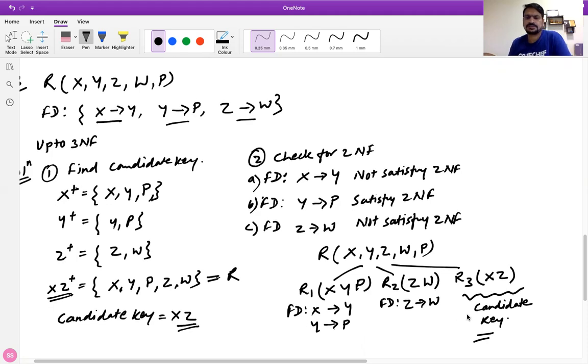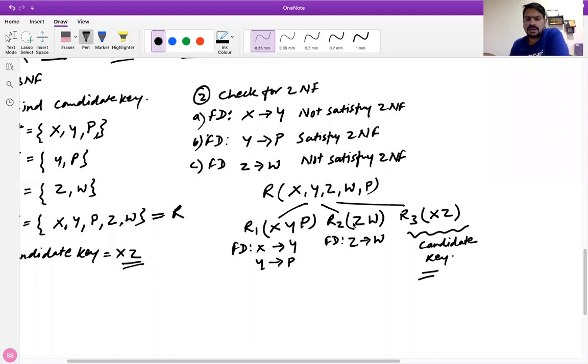Fine. Now, as you can see, R3 is a candidate key, so we can assume that it is in the third normal form right away. R2 has only one functional dependency, so it cannot have a transitive functional dependency, right? So we conclude that R2 is also in third normal form.